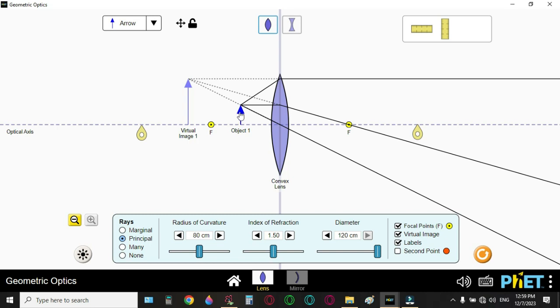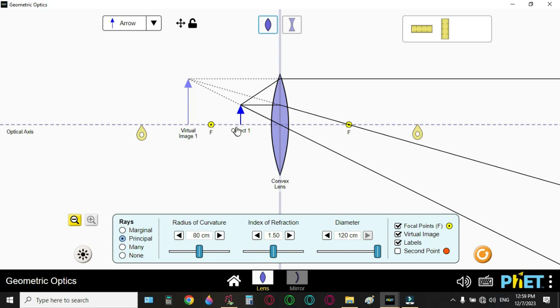This is the object, this is the image of the object created through this lens. Since the image is on the same side as the object, this image is a virtual image.